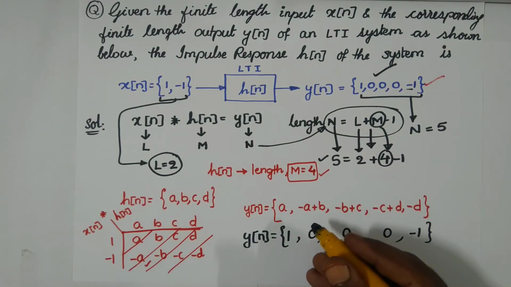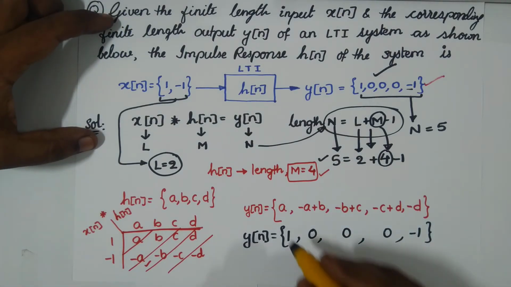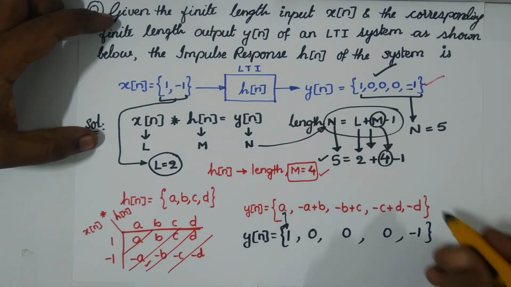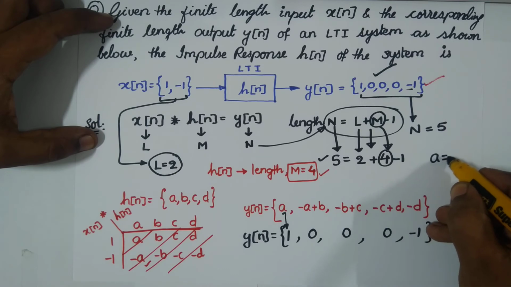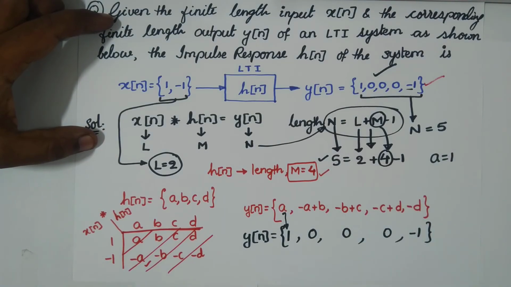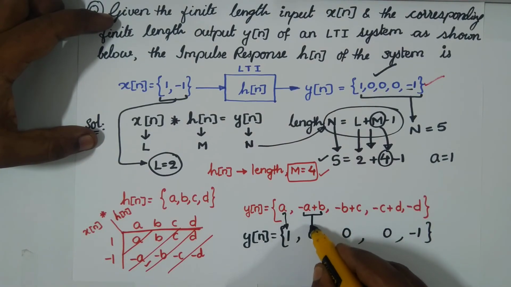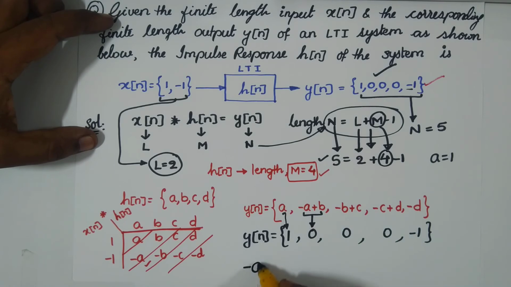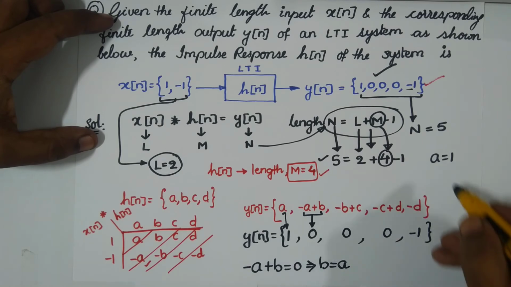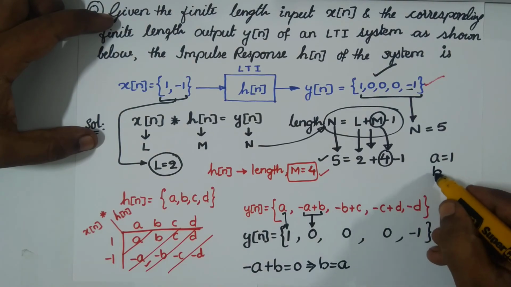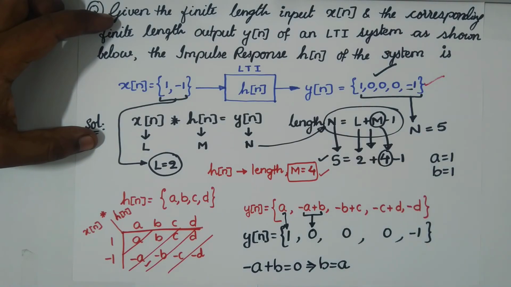So now a is equal to 1. Now minus a plus b equals 0. This means b is equal to a. But what is a? A is 1. So therefore b is also equal to 1.